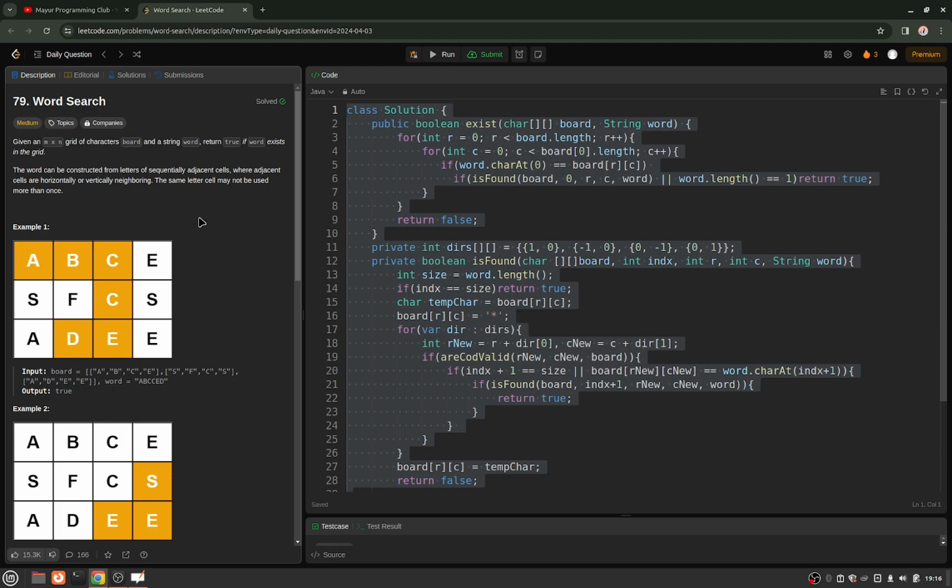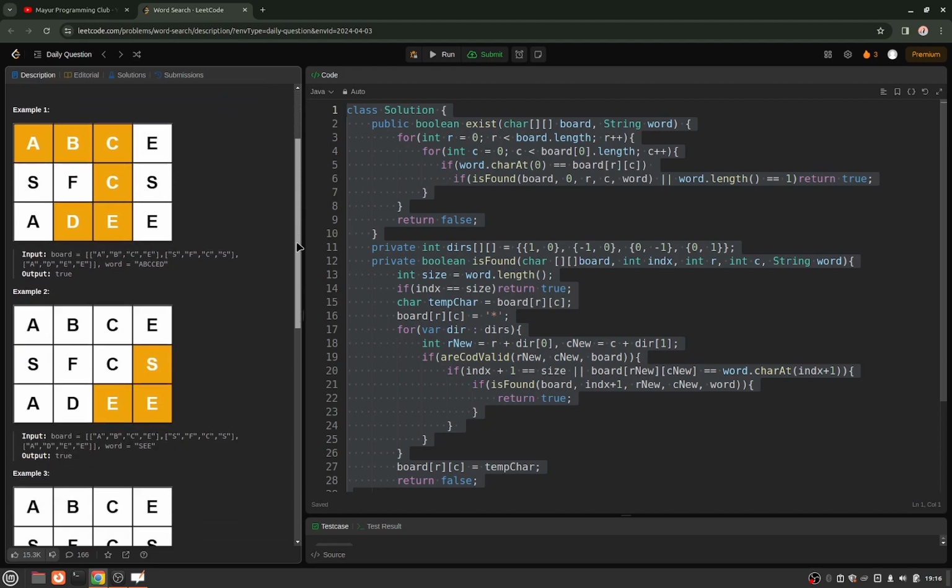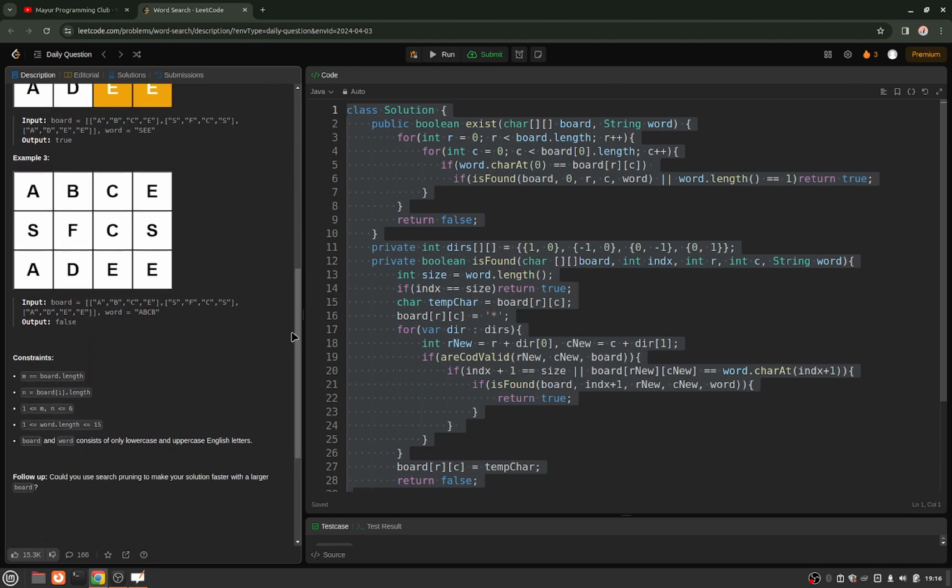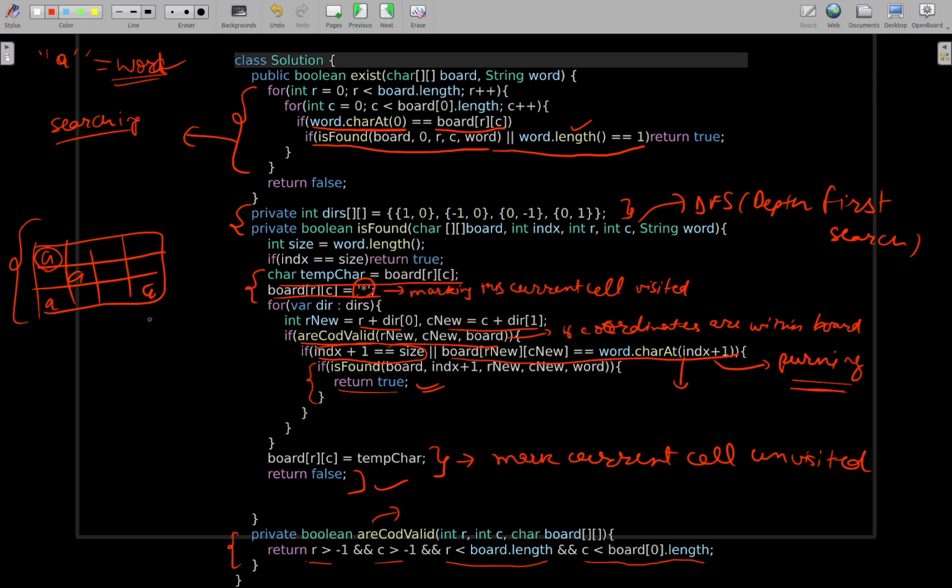And for the time complexity part, theoretically speaking, since the word length was 15, with each index you have 4 directions to go. So theoretically the upper bound would have been 4 raised to the power 15 or so.